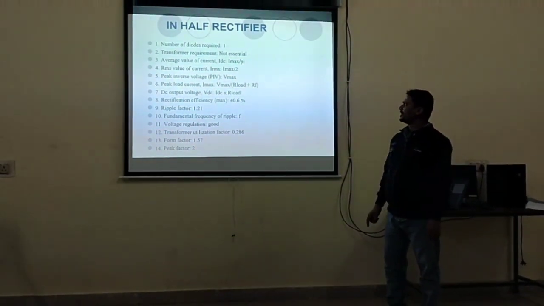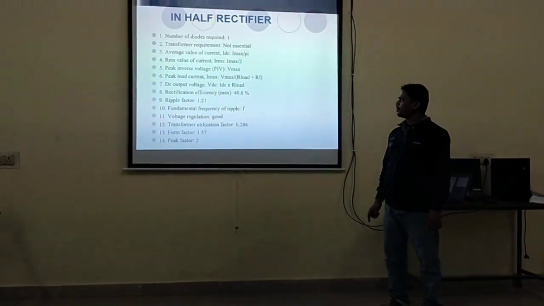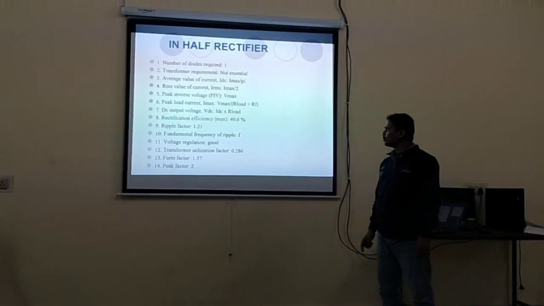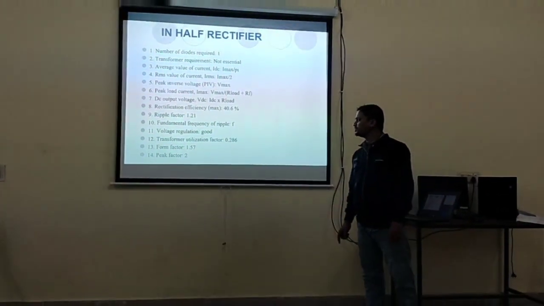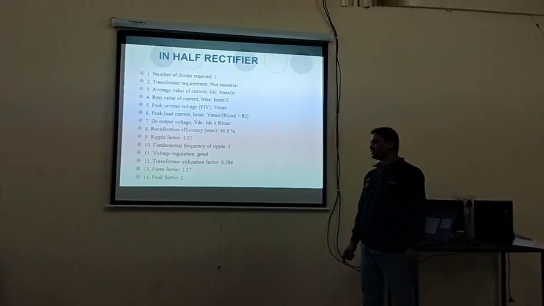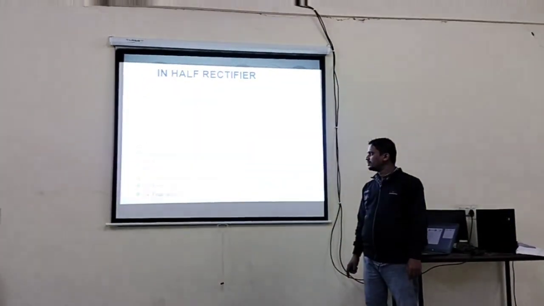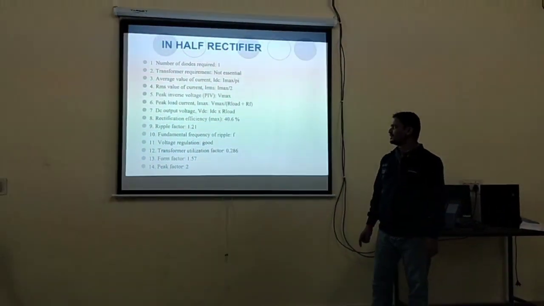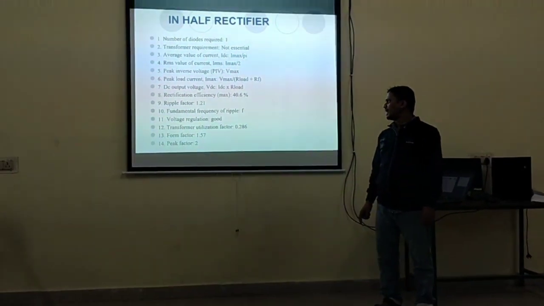Average value of the current is Imax by pi. RMS value of the current, IRMS, is Imax by 2. Peak inverse voltage is Vmax, the maximum voltage. And number 6, peak load current, that is the maximum load current, is Vmax by RL plus Rf.